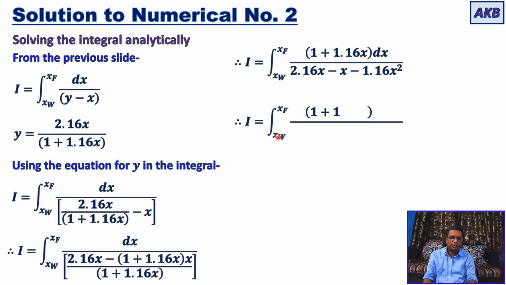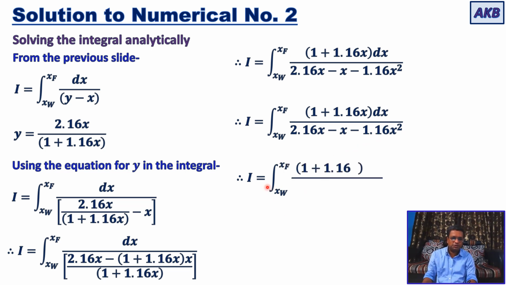Further, I will be equal to integration from xw to xf (1 plus 1.16x) dx divided by (2.16x minus x minus 1.16x square). Okay, so one more time I have written the equation.